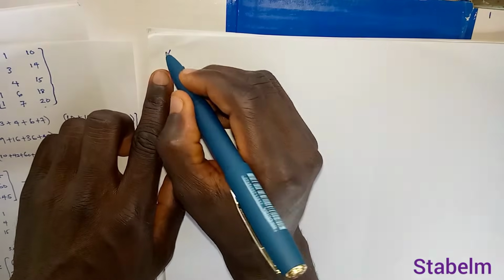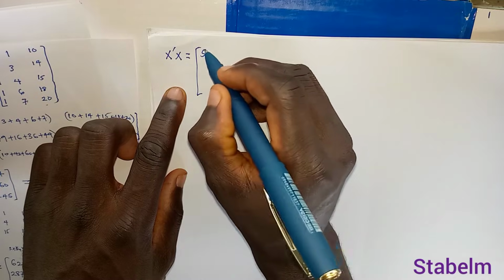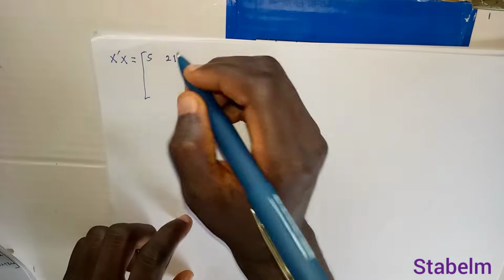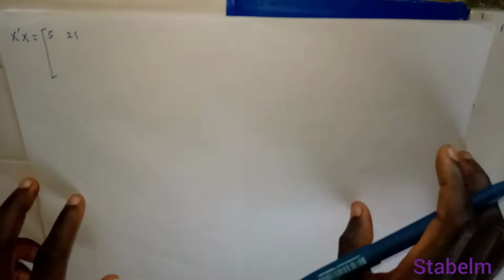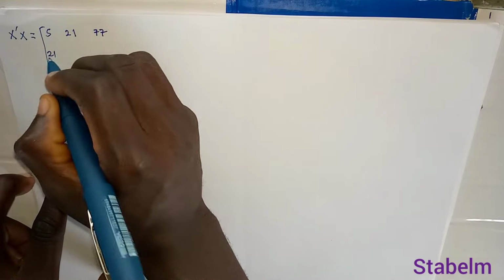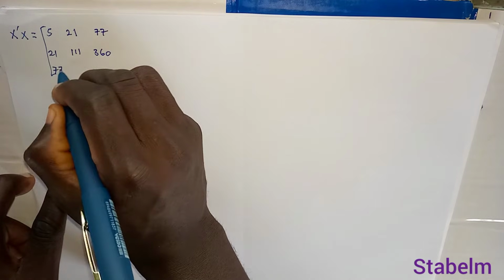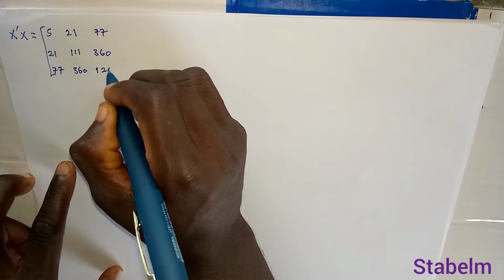X prime X equals this matrix: 5, 21, 77; 21, 111, 360; 77, 360, 1245.